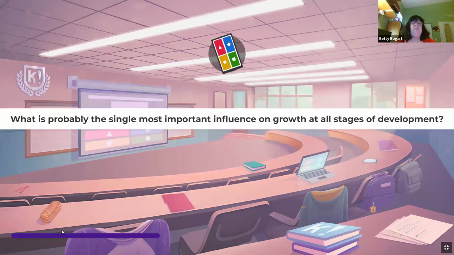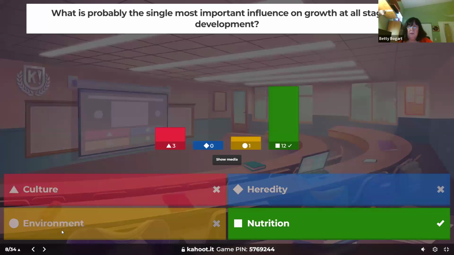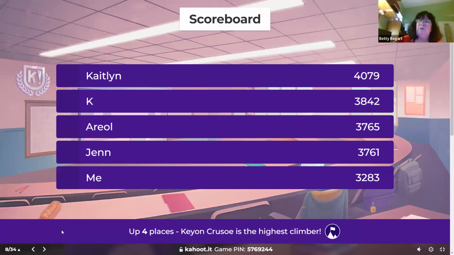What is probably the single most important influence on growth at all stages of development? Nutrition, nutrition, nutrition. You don't give fuel to the tank, it's not going to grow. Nutrition, most important.